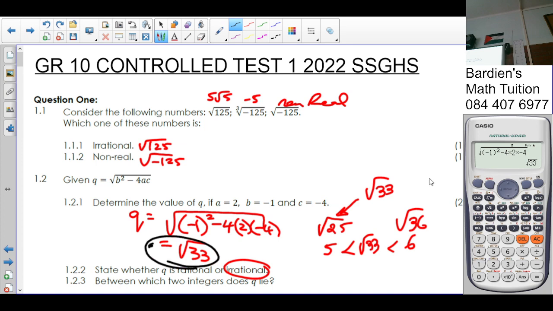The answer you have is your answer 33, which is wrong. Now, is 33 rational or irrational? Rational. So your answer should have been rational to get that mark. You understand? Okay, anyone else?